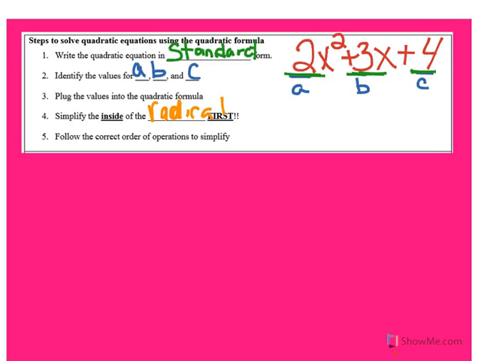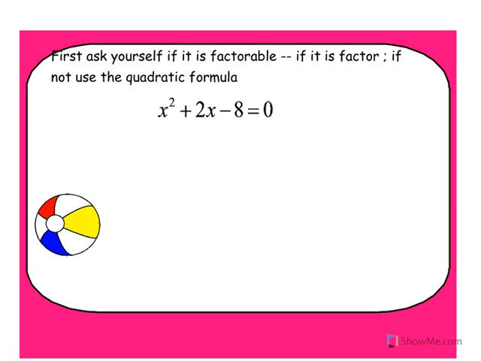Once we simplify inside the radical first, then we follow the order of operations correctly to simplify. So that's really it. Put it in standard form, identify your A, B, and C, plug them into the formula, simplify under the radical first, then use our order of operations.